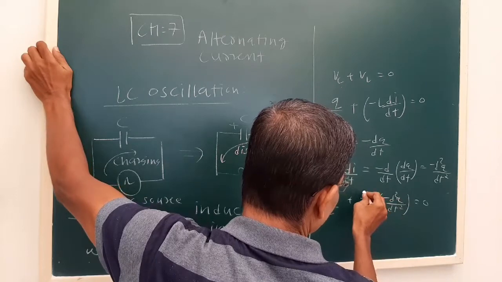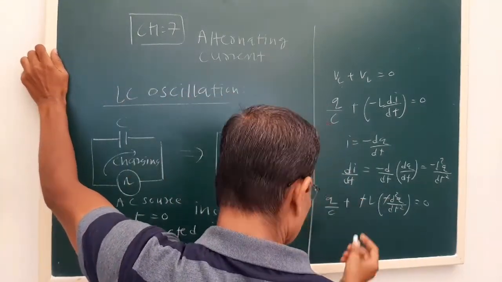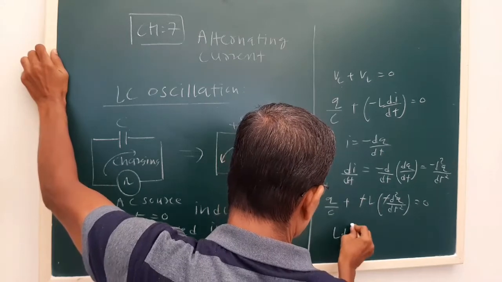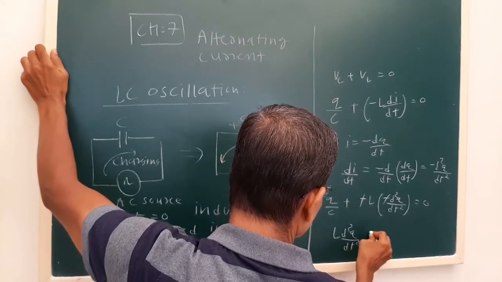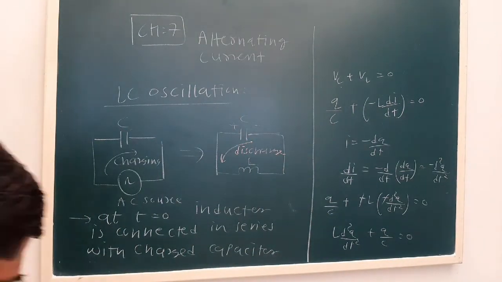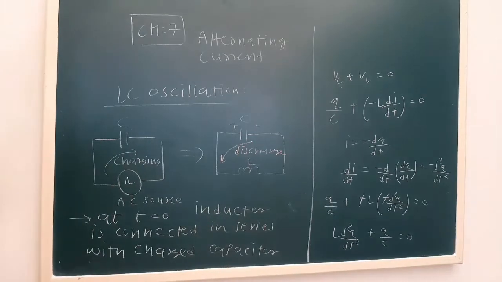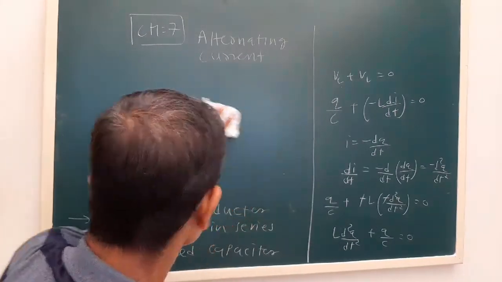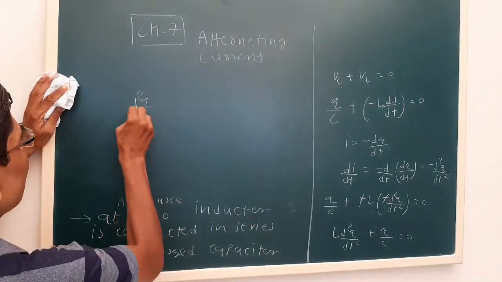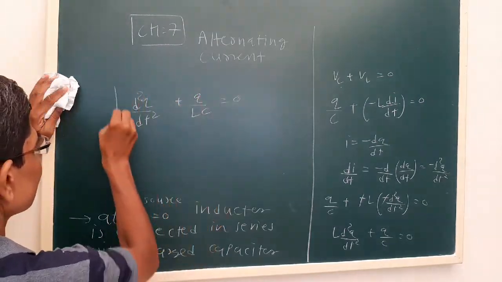The negative sign will get cancelled, so it will become positive. So it will be L d square q by dt square plus q by C is 0. Now we can divide this equation by L, so it will be d square q by dt square plus q upon LC is 0.